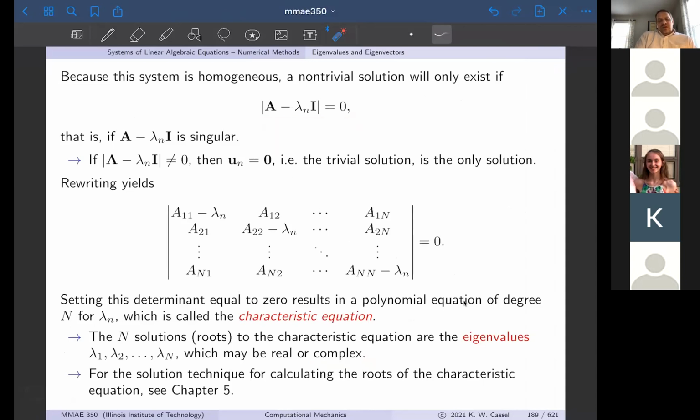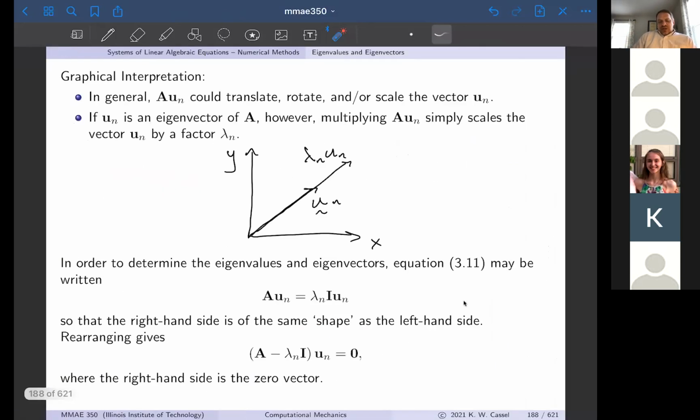If A minus lambda I was such that its determinant was not equal to 0, so it's not singular, then we could take the inverse of this A minus lambda I matrix, multiply it on both sides of the equation, and I would have U equal to the inverse of A minus lambda I times 0. Well, what's the inverse times 0? Of course, it's 0. So that would just give us U equal to 0. That would be the trivial solution, which we don't want.